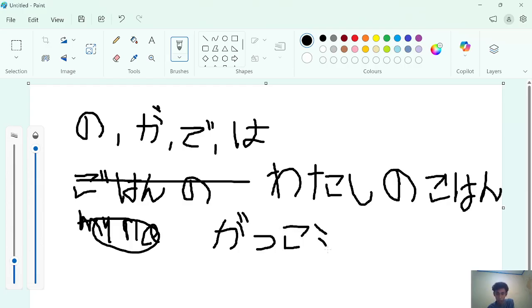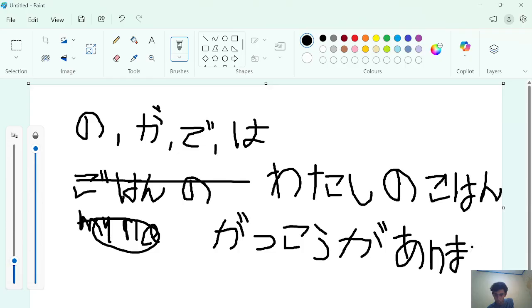And to acknowledge its existence, we add ga in the front. And the Japanese word for there is is arimasu. So this means gakkou ga arimasu. It means there is a school.